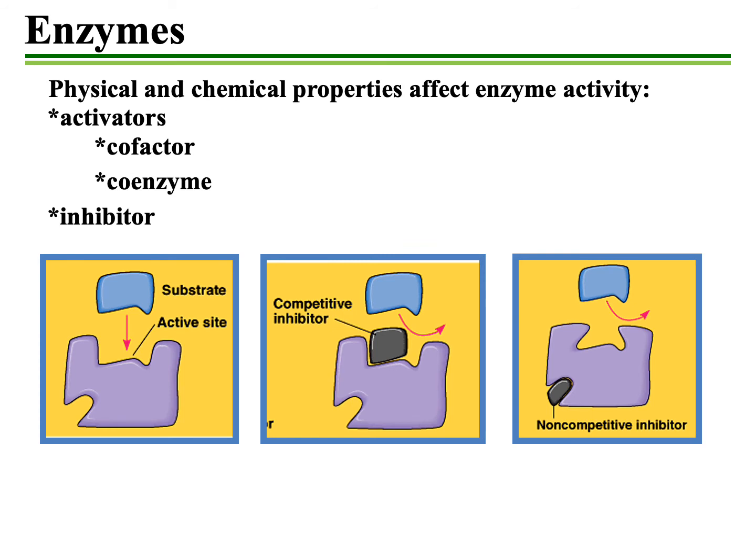Now what I want to do is expand on those concepts of physical and chemical properties that affect enzyme activity. What I want to talk a little bit about are two categories of molecules that can interact with enzymes that play a role in their function. The first category is a molecule known as an activator. An activator does exactly what its name implies.